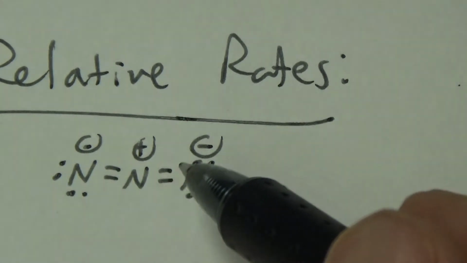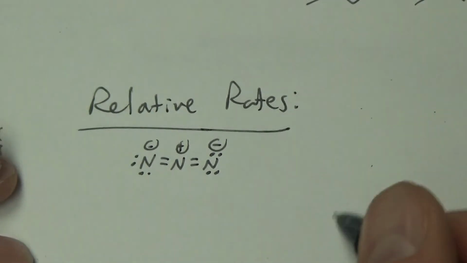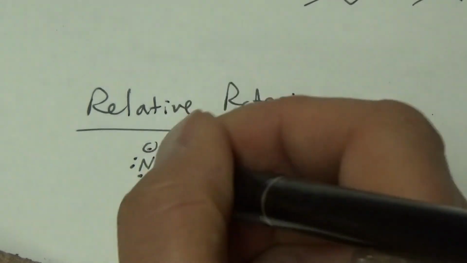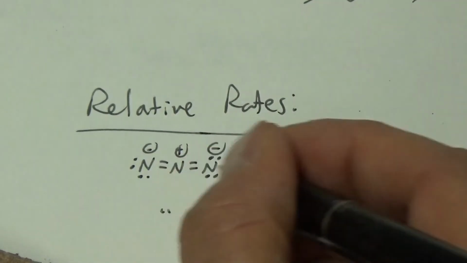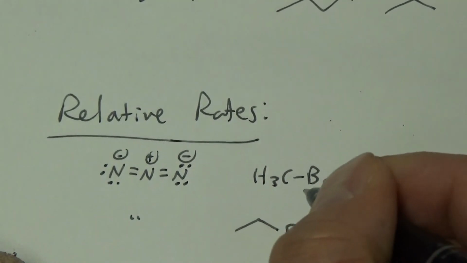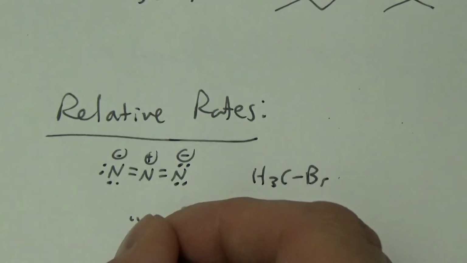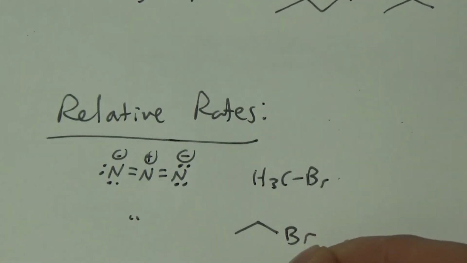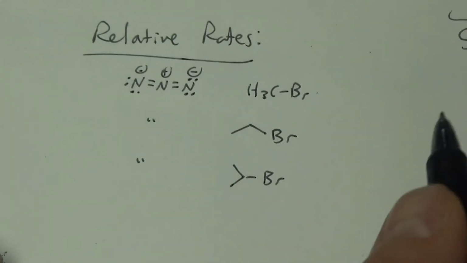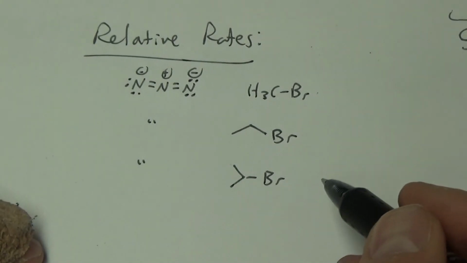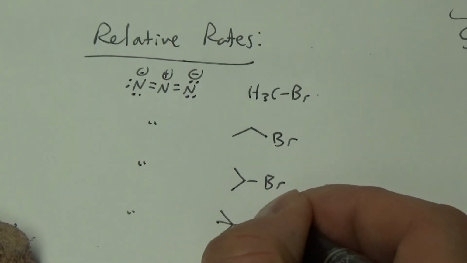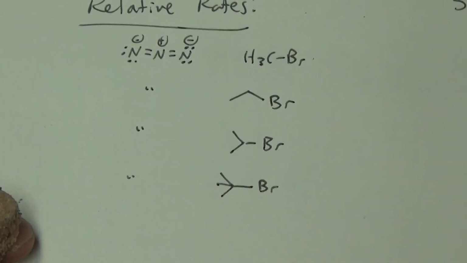The middle nitrogen does not have any lone pairs. And then if I consider methyl bromide versus ethyl bromide versus isopropyl bromide, so that's going to be methyl, primary, secondary, versus tert-butyl bromide, which is tertiary.